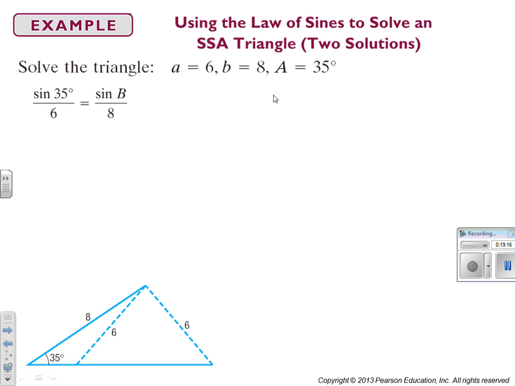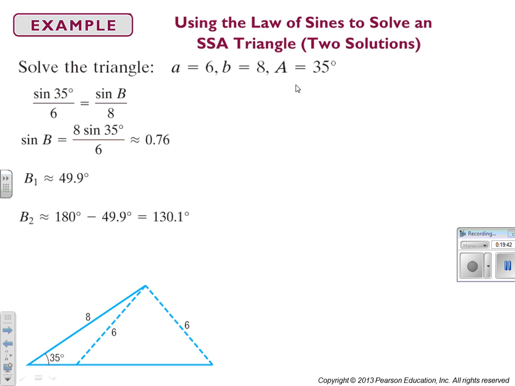Okay, so let's use the law of sines with what we have. Sine 35 over 6 equals sine B over 8. You cross multiply and divide by 6, so you get 0.76, and then inverse sine. So we get B1 is 49.9. We subtract that from 180 to find B2 is 130.1.